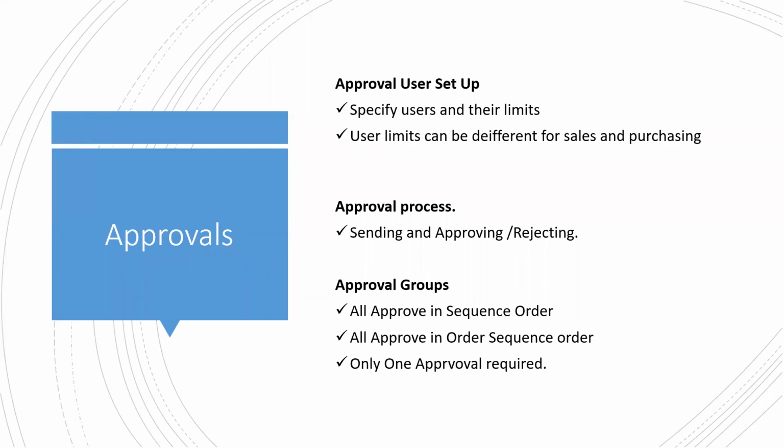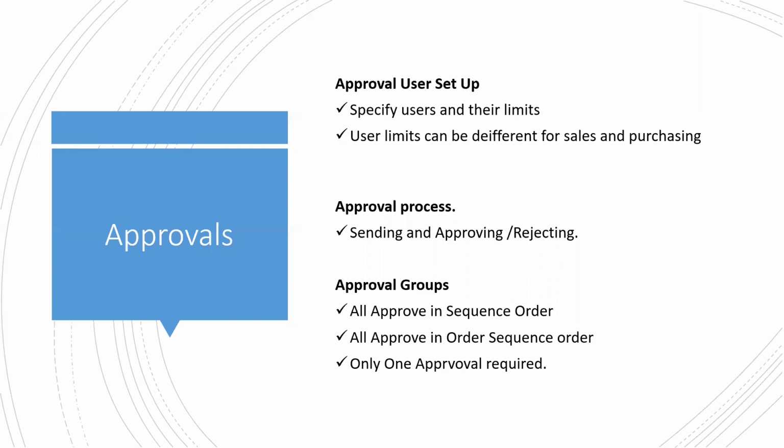And if we have a larger expense, we could have a director or even the administrator that we have just specified before, an administrator of the approval workflows. That way we could create hierarchies. User limits can be different for sales and purchasing. They don't have to be the same. They are completely independent, and in every document we could have different thresholds for our approvals.